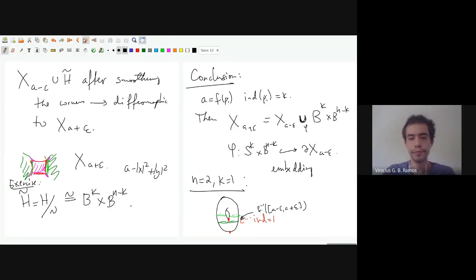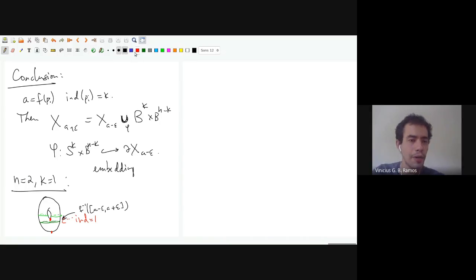Okay, so here, when you look at a neighborhood of the critical point, then actually what you have is a figure like this. So this is my blue, and you can actually see the handle right here. But when you look at a neighborhood here, you have green, light green.